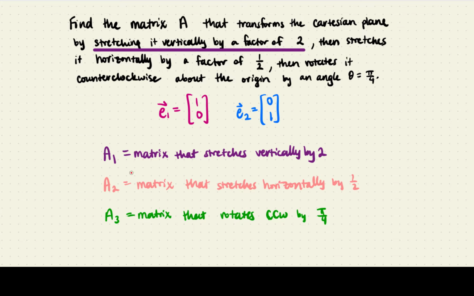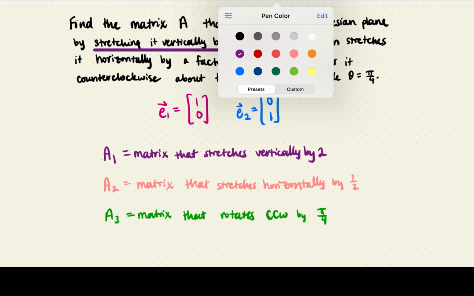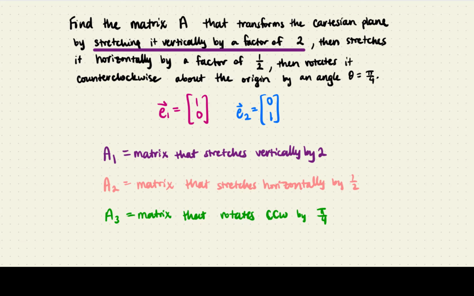Then we'll find the matrix A2, which does the second transformation that we'd like, which is stretching the Cartesian plane horizontally by a factor of 1/2.